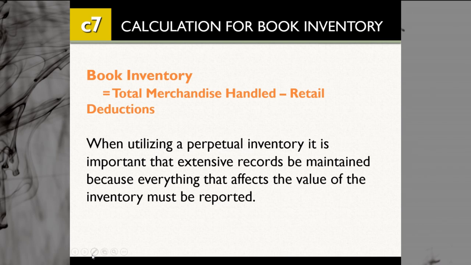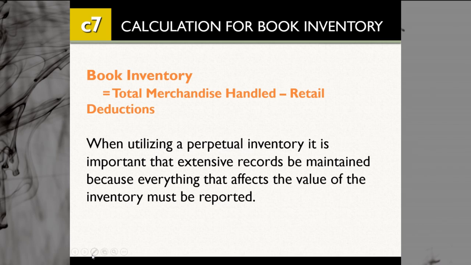And when utilizing this book inventory, the perpetual inventory, it is really important that extensive records be maintained, because everything that affects the value of the inventory must be reported. If you purchase something from your vendor, you have to put the right amount of your purchases as part of your total merchandise handled. And if you sell something, you have to put that as part of your retail deductions, so you can keep the right amount of inventory for your book inventory.